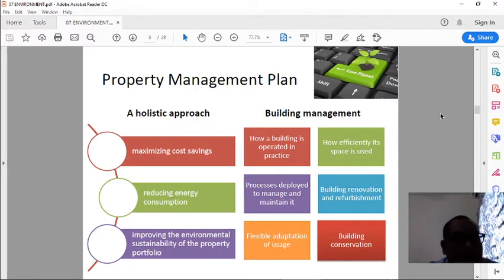Either we can conduct new refurbishments or whatsoever. Reducing energy consumption, improving the environmental sustainability of the property portfolio.